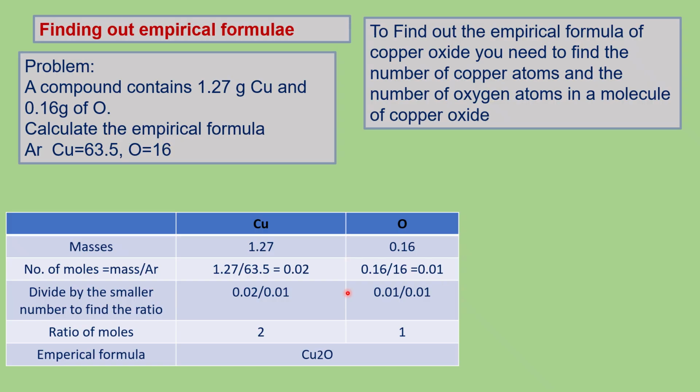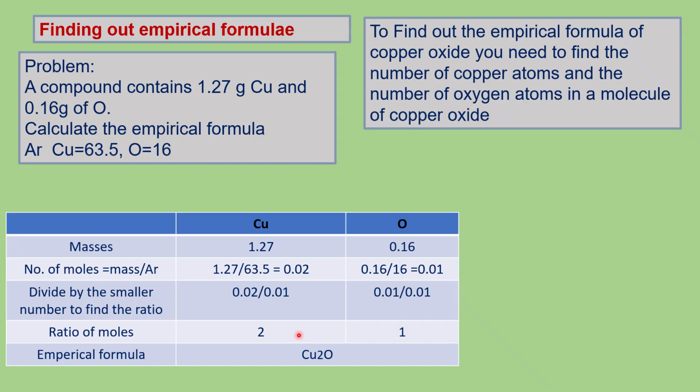So now we have the number of moles of copper and the number of moles of oxygen. You are going to divide the number of moles by the smaller number. The smaller number is 0.01. So you divide both numbers by the smallest number to find the ratio. 0.02 divided by 0.01 gives me 2. 0.01 divided by 0.01 gives me 1.